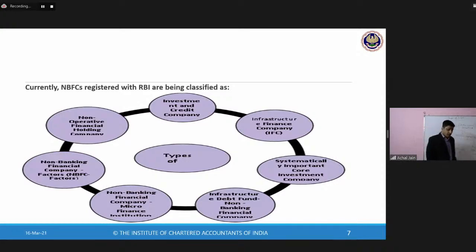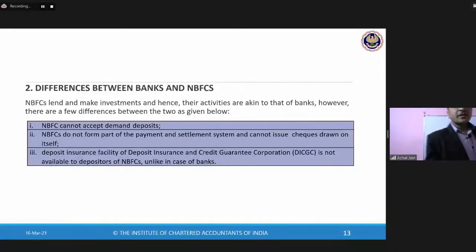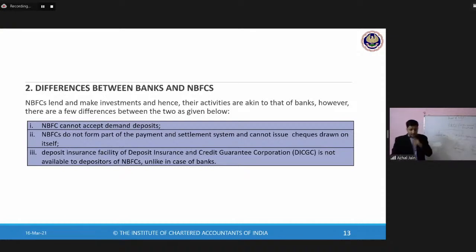Now we will move back to the understanding of NBFCs and will also try to correlate some of the requirements of the NBFCs with the banks and the differences between the NBFCs and the banks. Currently on the slide, some of the differences that you see we'll discuss, and there is one more difference which is not currently appearing on the slide, which we'll discuss.